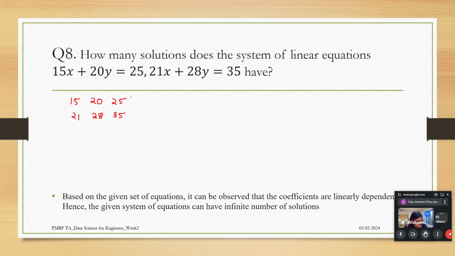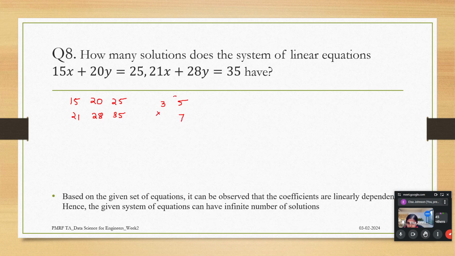So if you take 3 outside, it will be coming like 5 and 7.